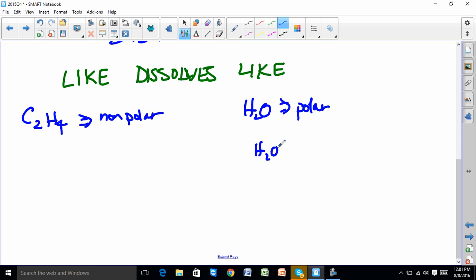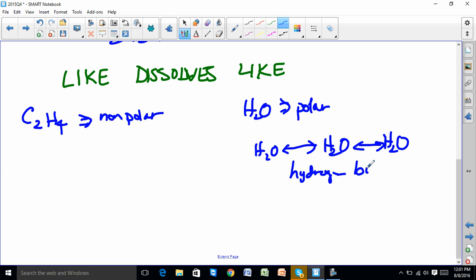The water molecules are attracted to each other through dipole-dipole interactions, and actually a very specific kind of dipole-dipole interaction called hydrogen bonding. Remember, hydrogen bonding is when hydrogen is connected directly to oxygen, nitrogen, or fluorine.